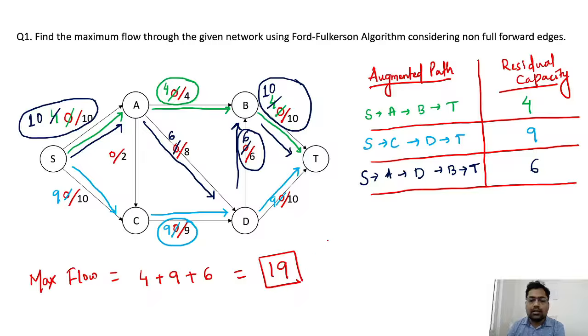This is the answer, the max flow we can find. First we find an augmented path, whether it can be formed. If yes, the minimum residual capacity will be selected. This is how we have completed the Ford-Fulkerson algorithm and can find the max flow.